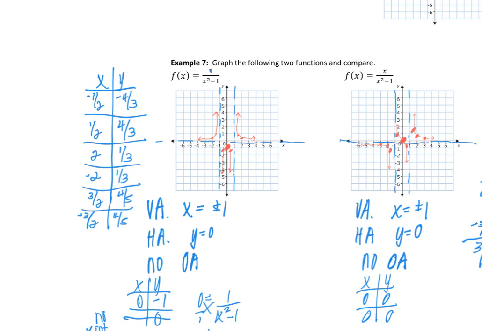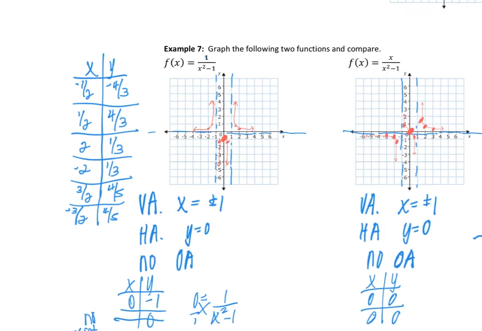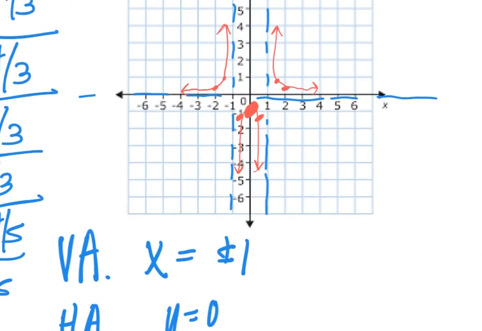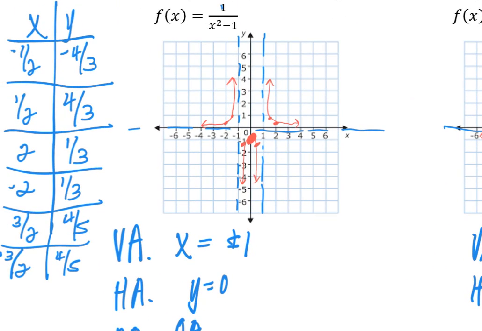And again, y'all, I'm having trouble zooming. There we go. But you want to make sure when you're choosing those x values that you choose at least 2 points on each section broken up by the vertical asymptotes. So you have this left section and this middle section and this right section.